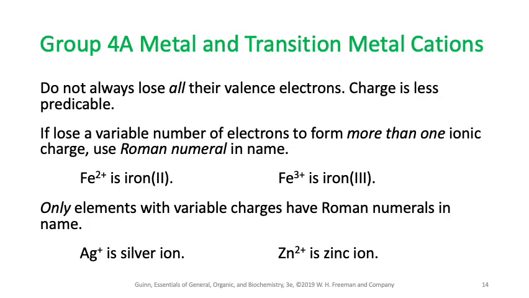So now let's talk about group 4 metals and transition metals, right? Group 4 metals are main group elements, but they normally show a variable charge because they have 4 valence electrons, because this is 4A. How many valence electrons does an element in group 4A have? 4 valence electrons.